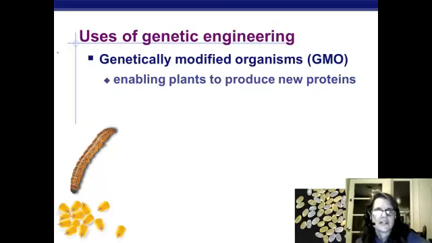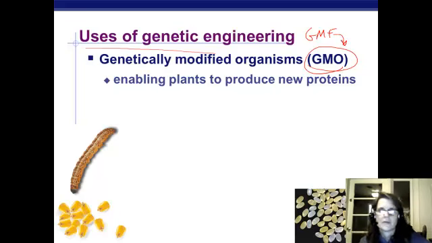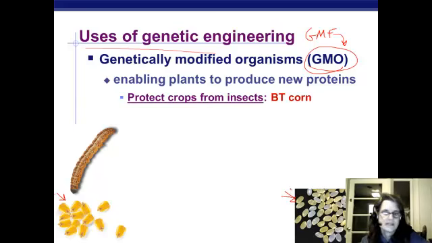Uses of genetic engineering that we touched on at the beginning of all this: genetically modified organisms, GMOs. There's also GMF, genetically modified food, which is just kind of an offshoot of genetically modified organisms. We can engineer plants, corn, rice, whatever, to produce new proteins that they didn't produce before. Sometimes these protect crops from insects.